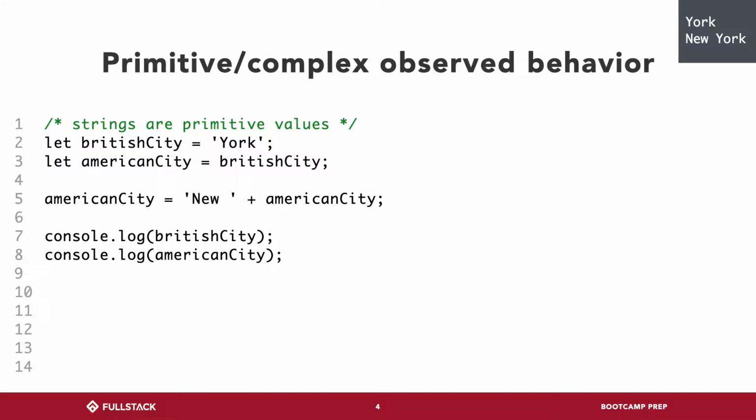This is what I showed you before, except there's an extra step here. What it's actually doing is copying the value at British city, which is the string York, and assigning it to American city. So when we do new space plus the string York, which is what American city was, British city is not affected. British city is still just York, okay? Any questions?